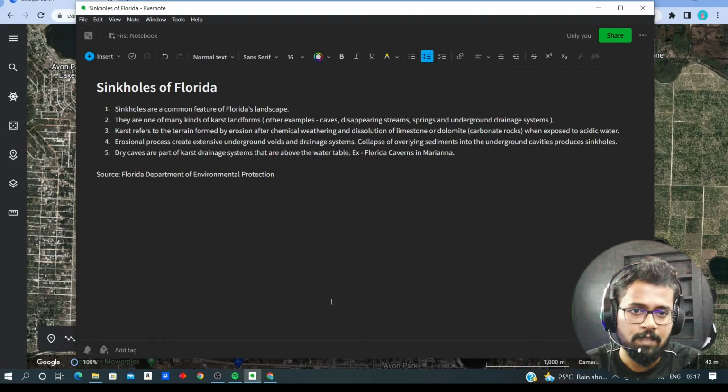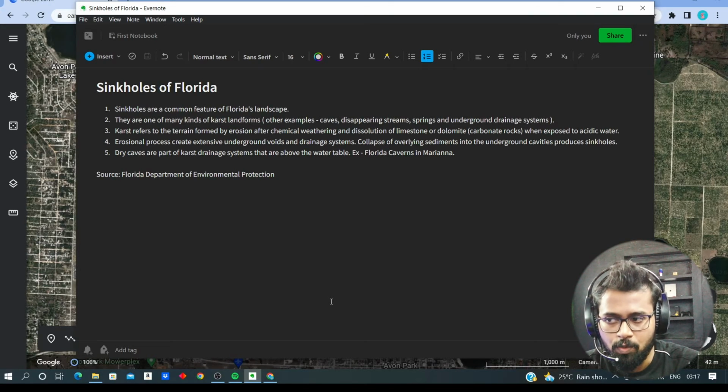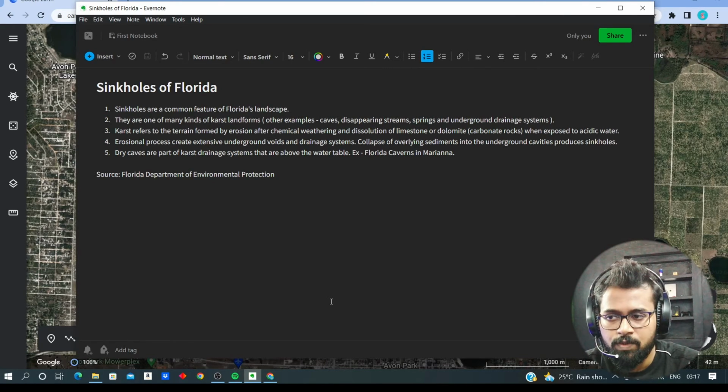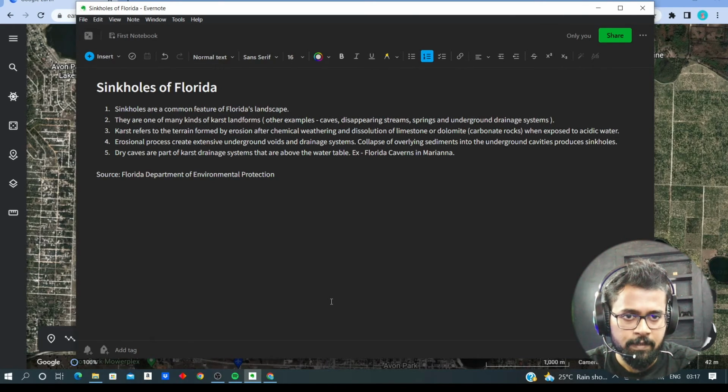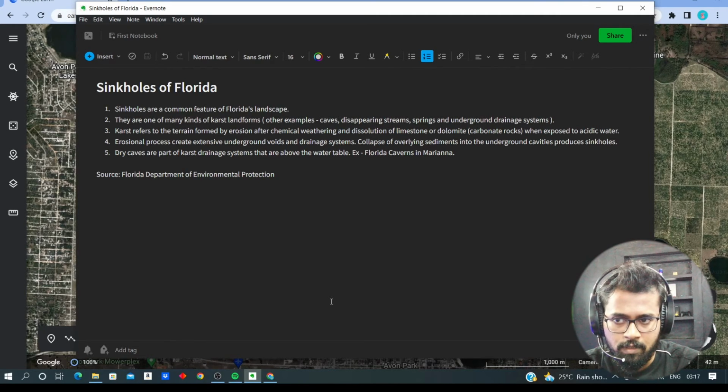So these are karst landforms, and karst refers to the terrain formed by erosion, okay, formed by erosion after chemical weathering and dissolution of limestone or dolomite when exposed to acidic water.